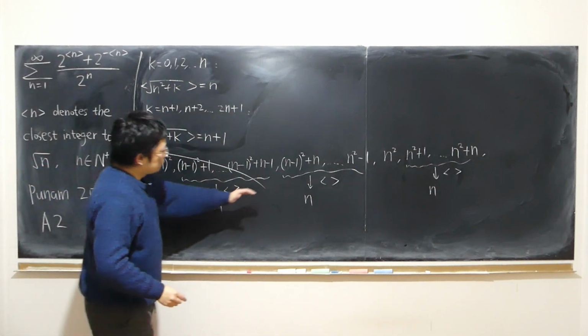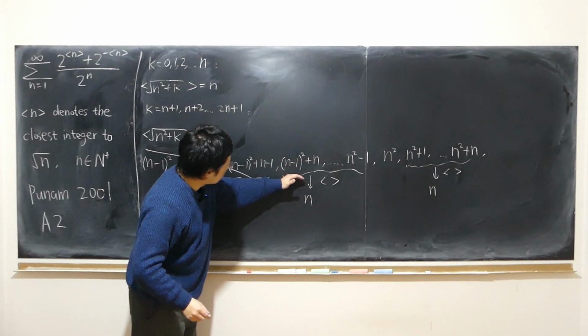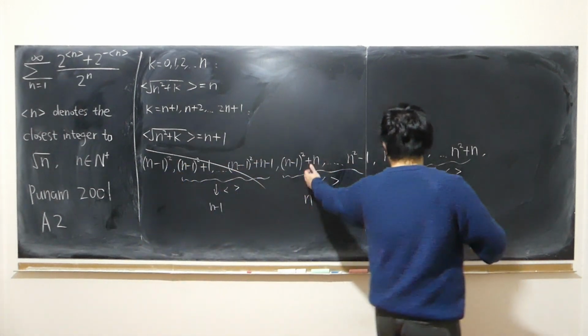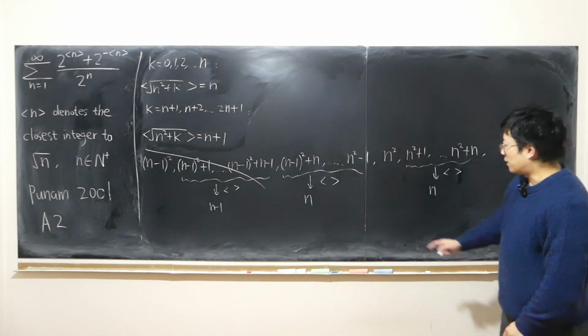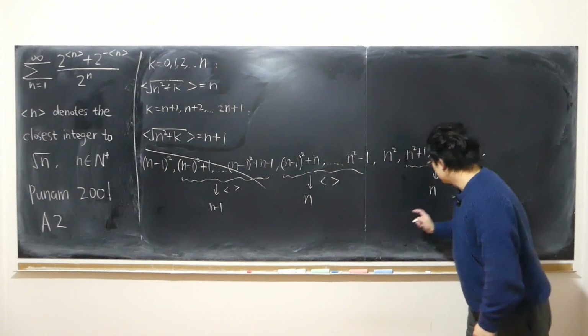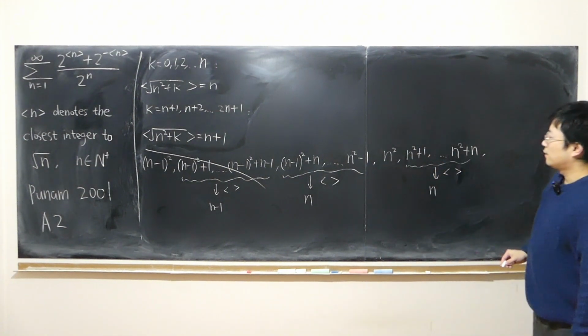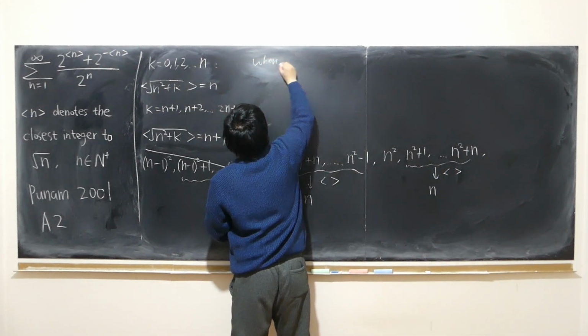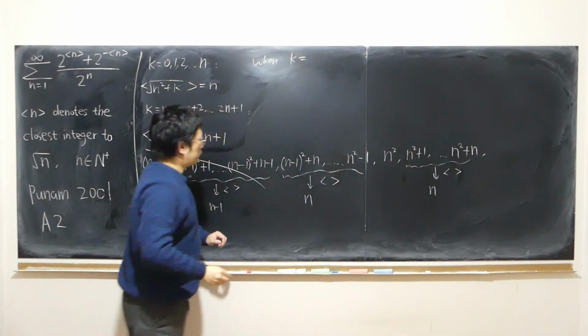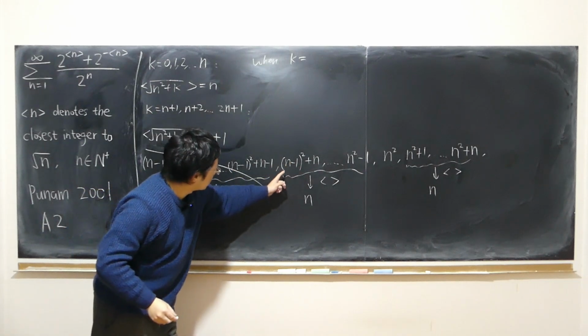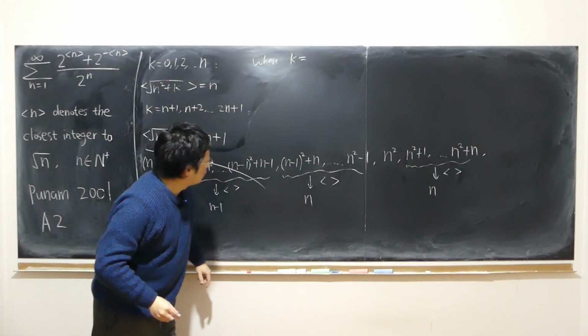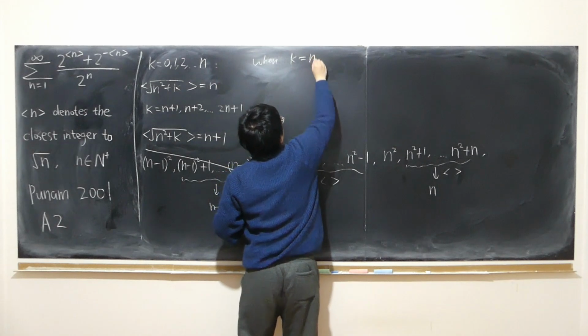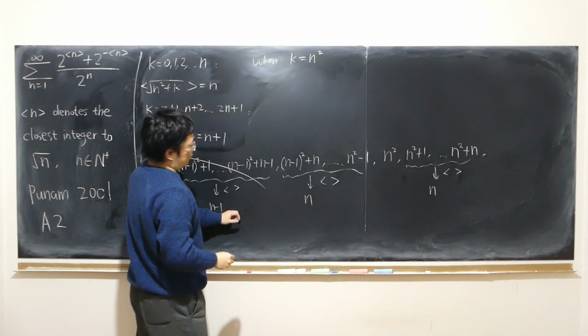We just focus on from this number onwards up to this number, consistently n. So when k is equal to from this number, perhaps we expand this one out: n squared minus n plus 1.